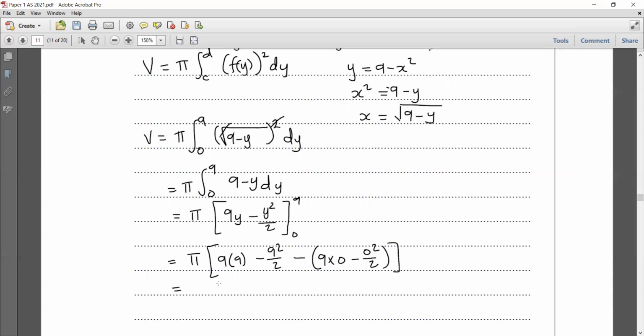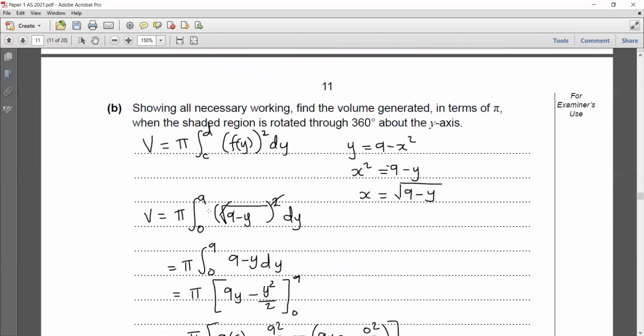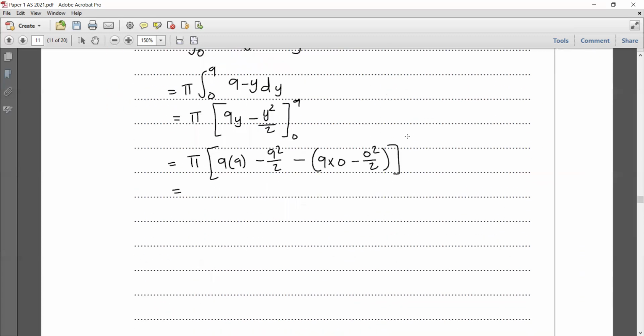And this, we want our answer in terms of pi, so we don't want a rounded off value. So this is pi multiplied by 81 minus 81 over 2. So this is pi times 81 over 2.